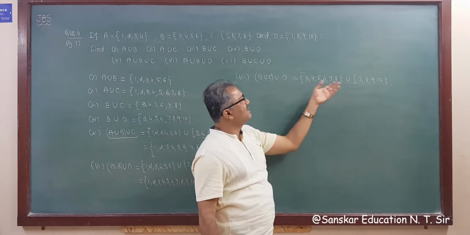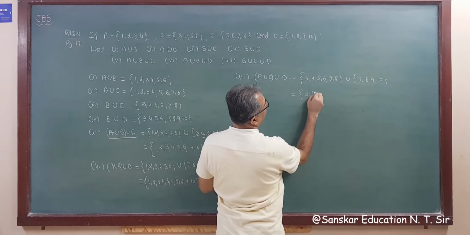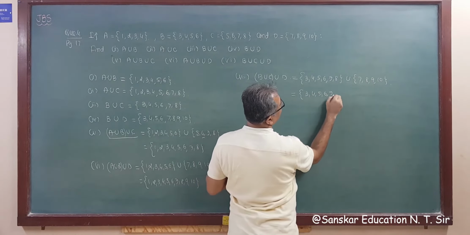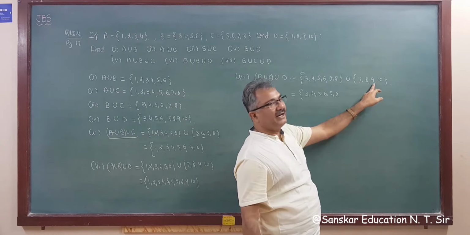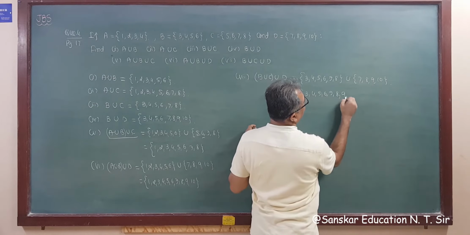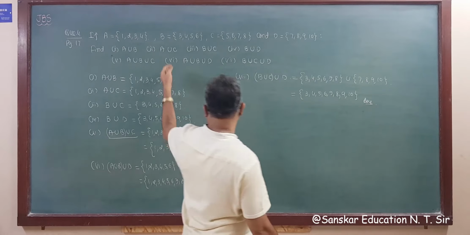Now the union of these: first 3, 4, 5, 6, 7, 8. 7 is already here, 8 already, 9 and 10 remaining. So we can write 9 and 10. So these all are your answers.